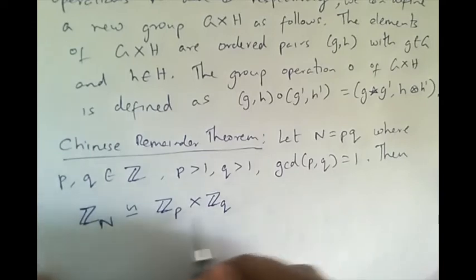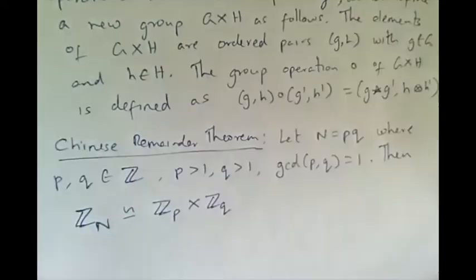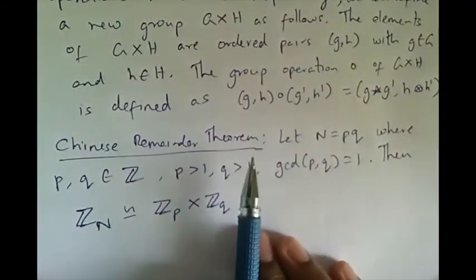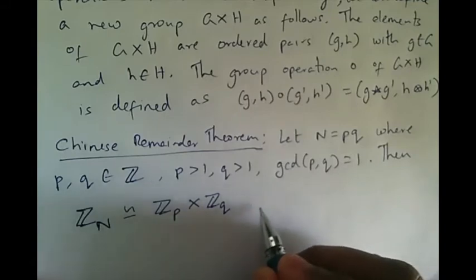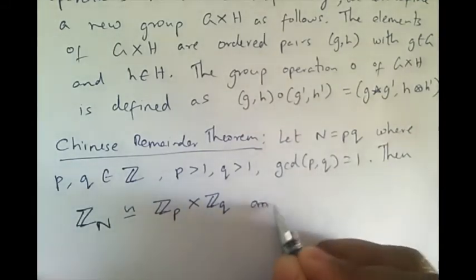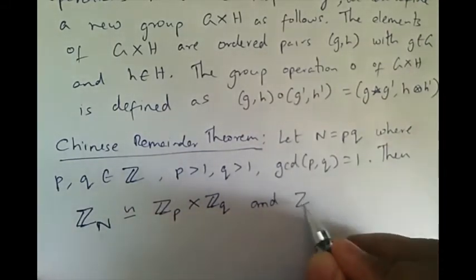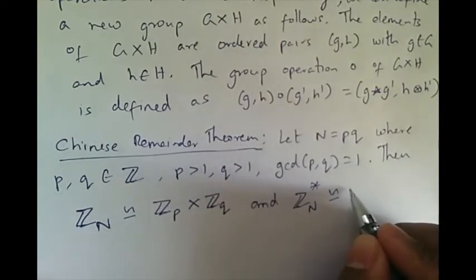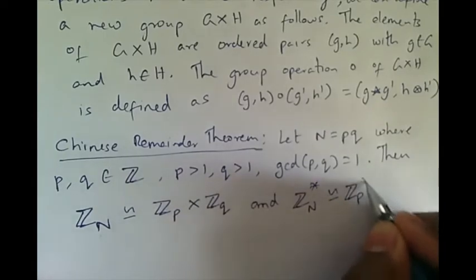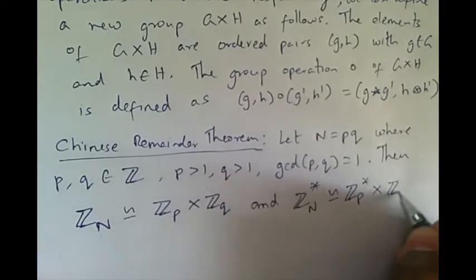So the group formed by the Cartesian product of these two, as per our definition, is isomorphic to Zn. So that is the first part of the theorem. And Zn star is isomorphic to Zp star cross Zq star.